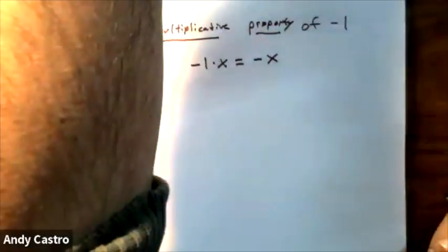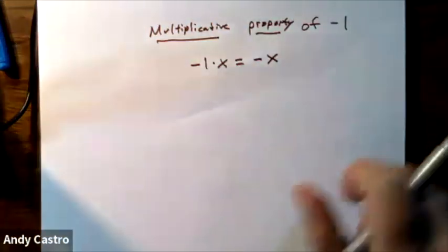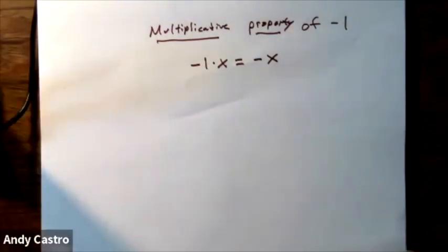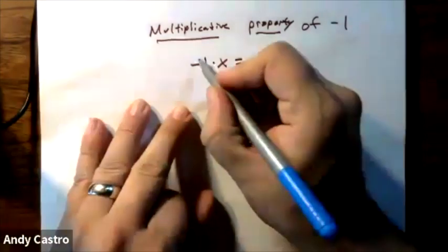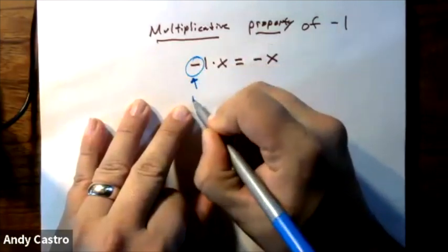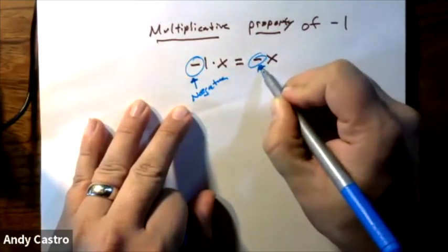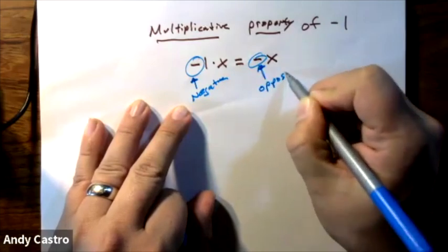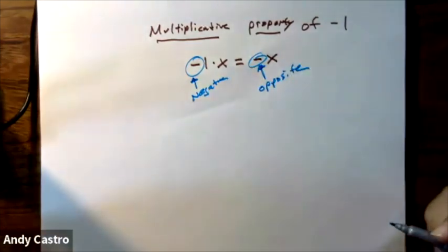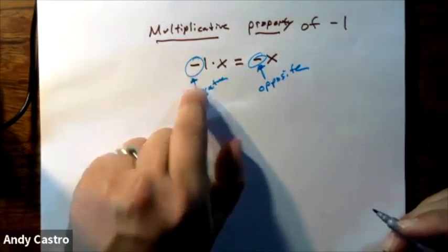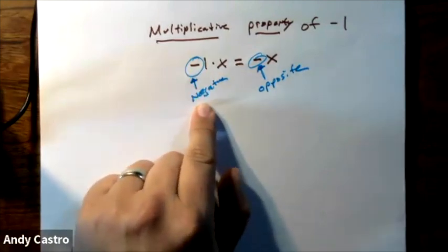Now, again, this is not a difficult concept, but we need to make sure that we understand the language here. This is kind of what I'm focusing on right now. Remember that I'm using the word negative here, and here I'm using the word opposite. And I'm doing this on purpose. The reason is if I have a number and I'm looking at a minus in front of it, we understand that as -1.